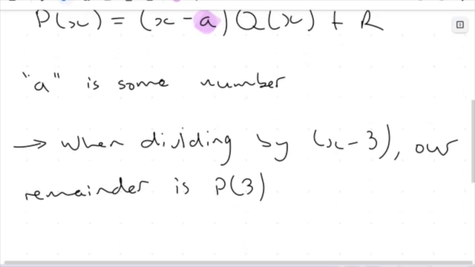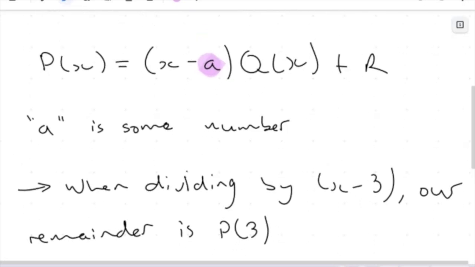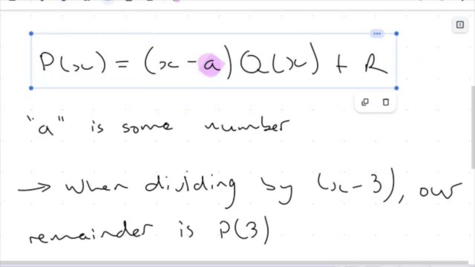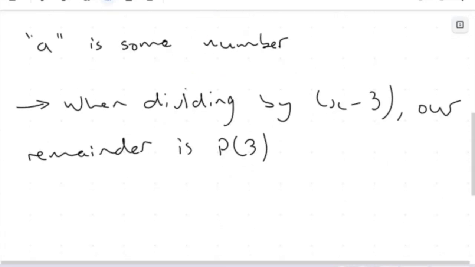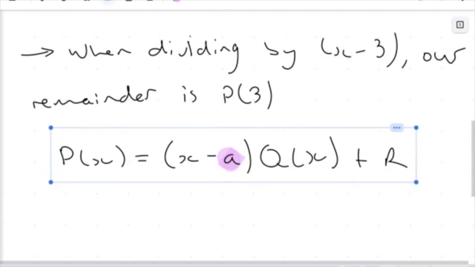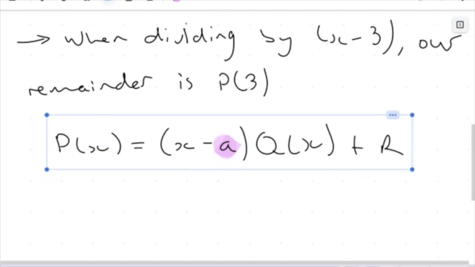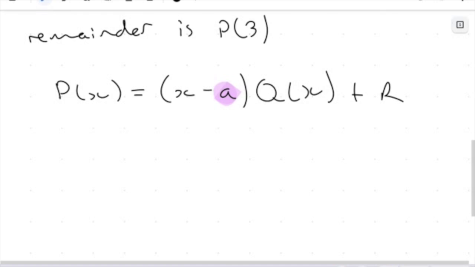Now let's see why this works. If we consider this form that we had before, if I just copy and paste this down, don't even worry what q of x is or r is. Let's just say these are arbitrary expressions for a quotient and a remainder. Say this was x minus 3.